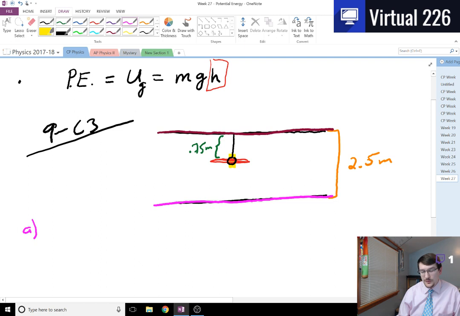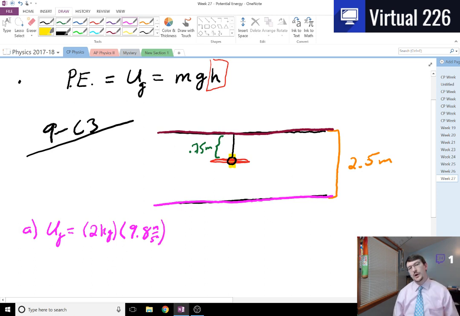So if we do this, for our reference being the floor, we know gravitational potential energy is going to be mgh. In this setup here, our lamp has a mass of 2 kilograms. It's a very heavy lamp. It's like a chandelier. We know gravity is going to be our 9.8 meters per second squared value.